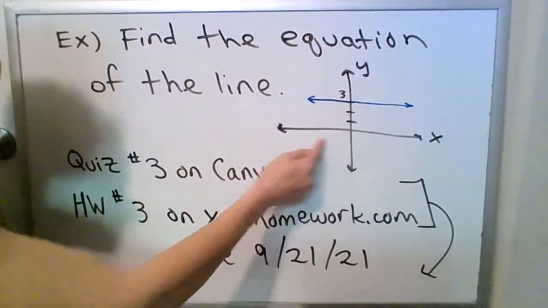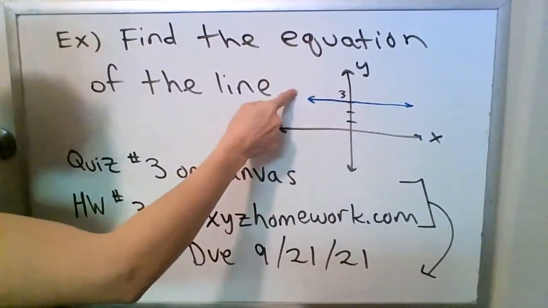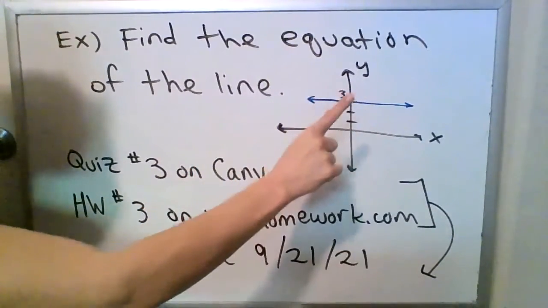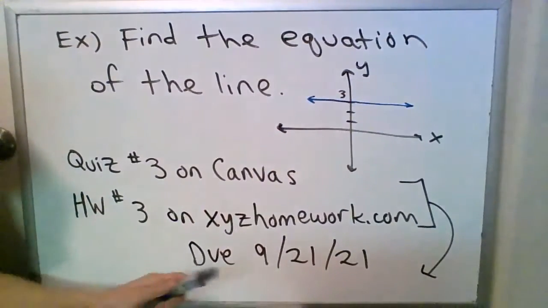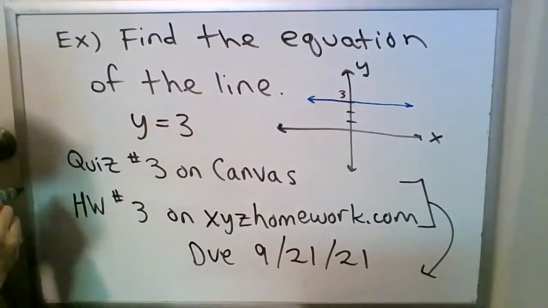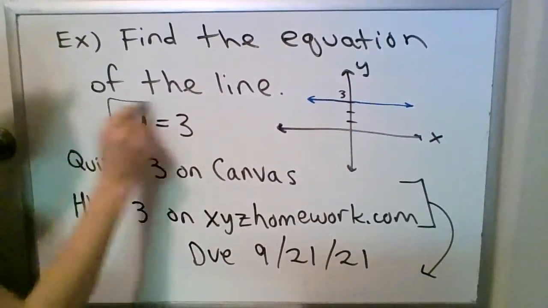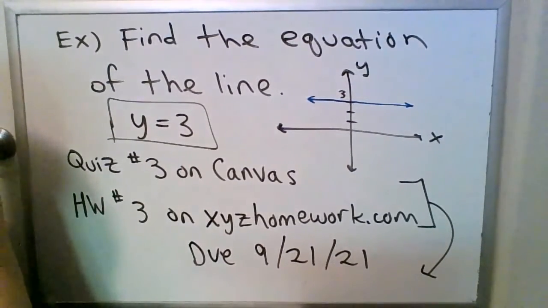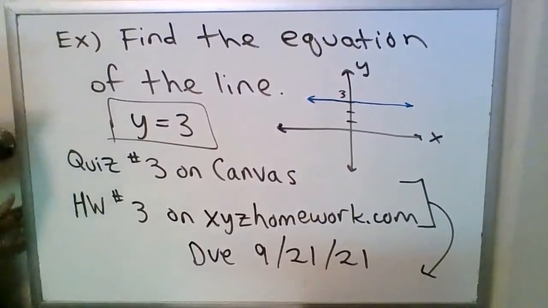You can have a negative number for x, but you have to go up for y equal to 3. So this is where x is any number, y must equal 3. And it's written as just y equals 3. You don't even have to mention x. By not including x, it's just assumed that it can be any number.